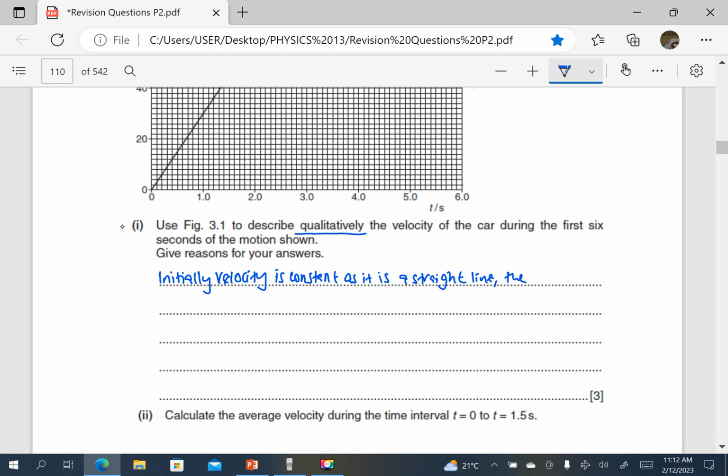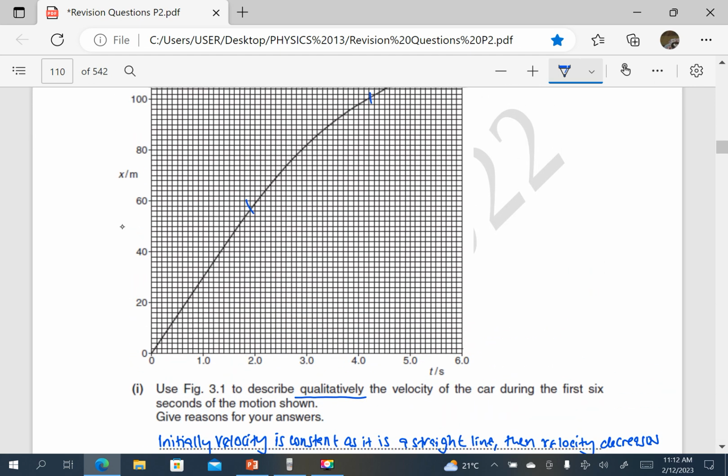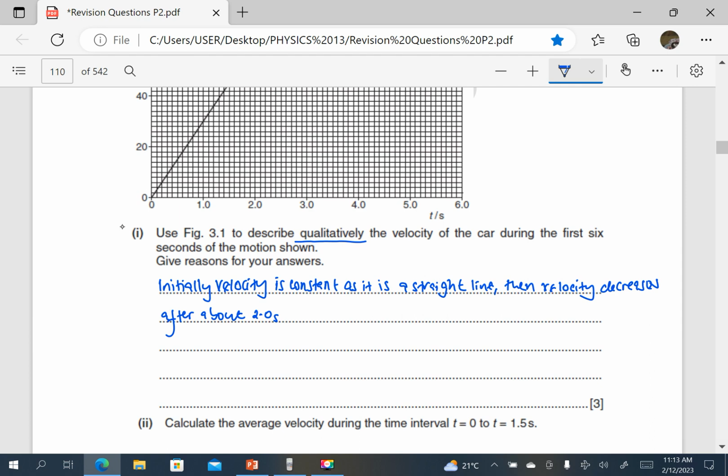Then the velocity decreases after about 2 seconds, as the gradient of the line decreases.